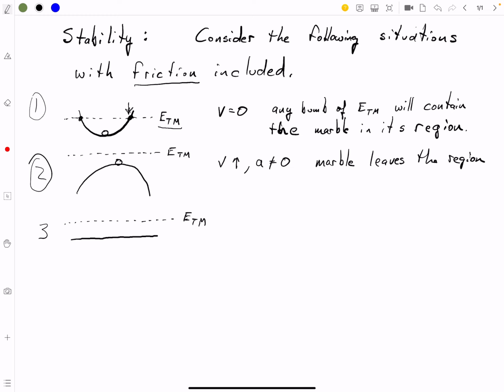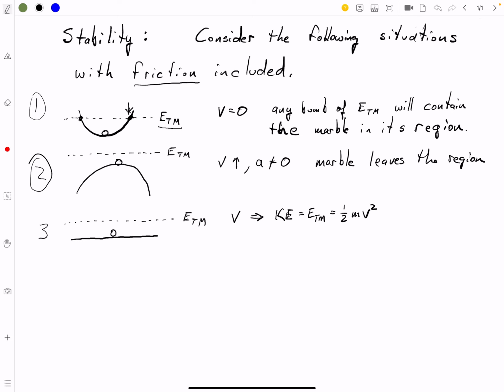And then third, we've got a marble, and we're going to give it a bump with E_TM. If there's no friction, of course, then it'll have a velocity that it gets, and that velocity leads us to a kinetic energy that would be equal to E_TM, and that also equals 1/2 mv squared.